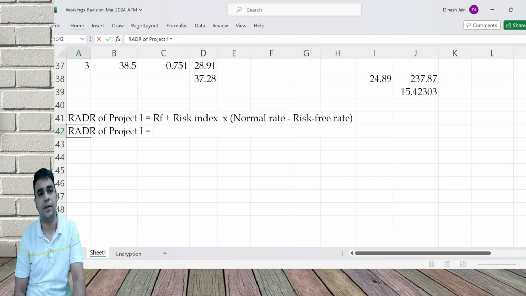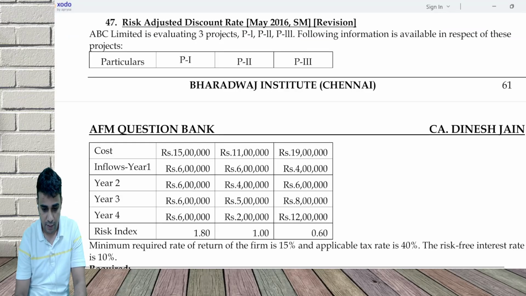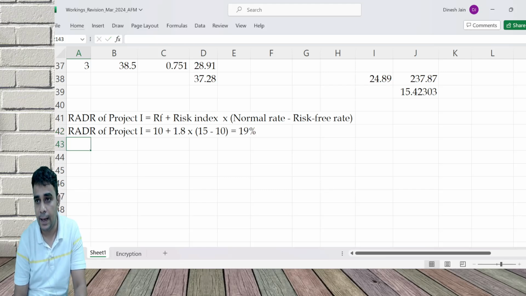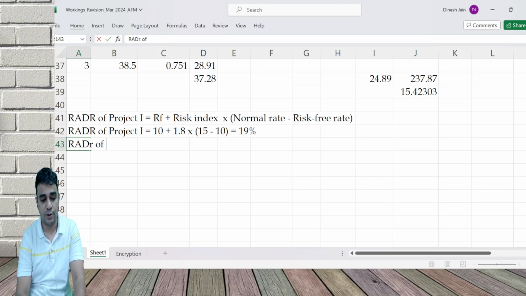What is the RF given in the question? Risk index 1.8 into normal rate minus RF. So first project, discount at 19%. Quickly do project 2 and project 3.